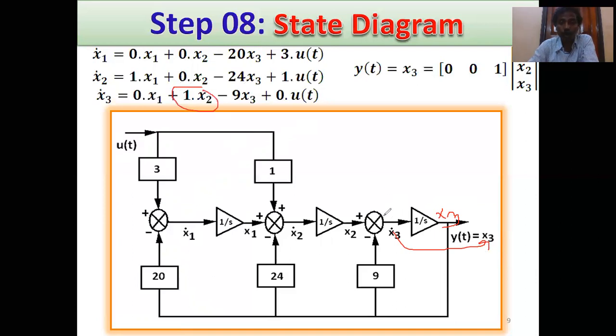So this path is x2, because x3 dot equals x2 minus 9 into x3. This is the x3 path and this is the minus 9 path. So x3 dot equals x2 minus 9 x3 plus 0 into u of t. So it is not connected to the input at this position.